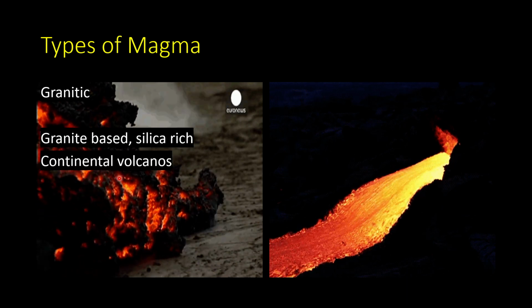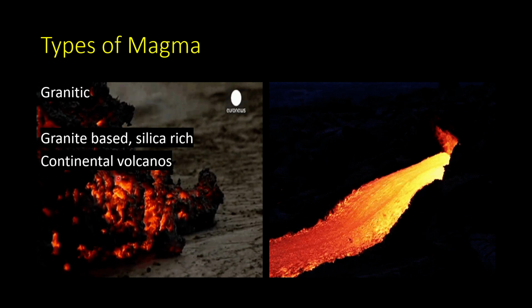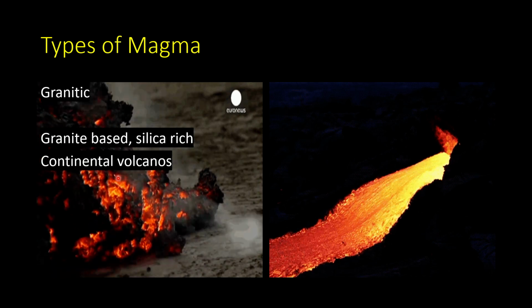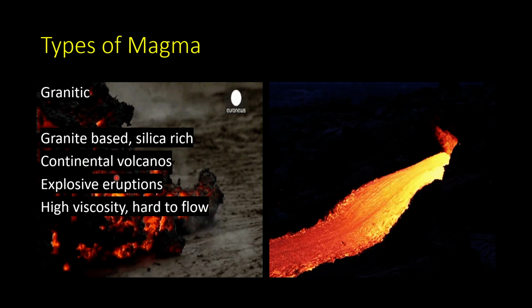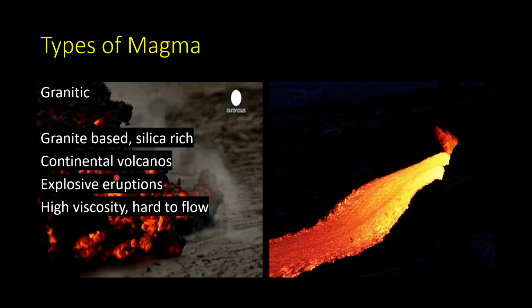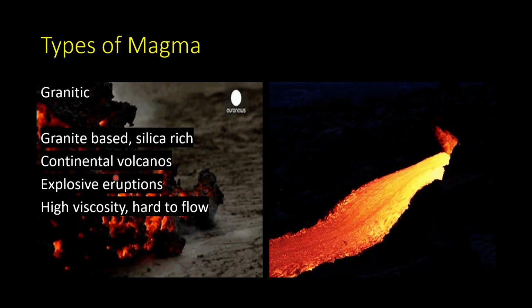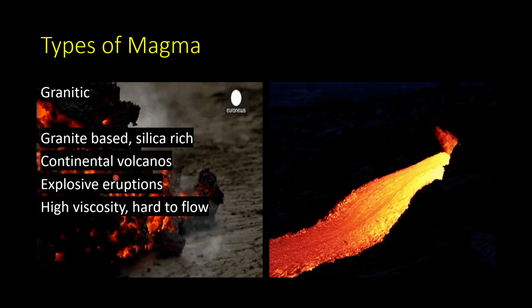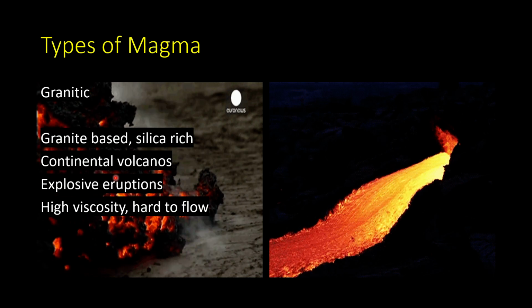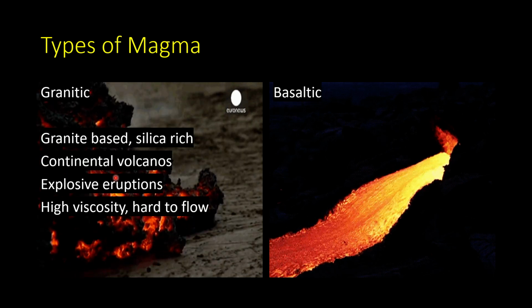So these types of volcanoes are going to be the ones that form on land because it's melted continental crust. The eruptions are really explosive, and that's because of that silica making the magma so thick and sticky. It has a high viscosity. It's really hard for it to flow, so the eruptions are much more explosive compared to the other type of magma, which is the basaltic magma.